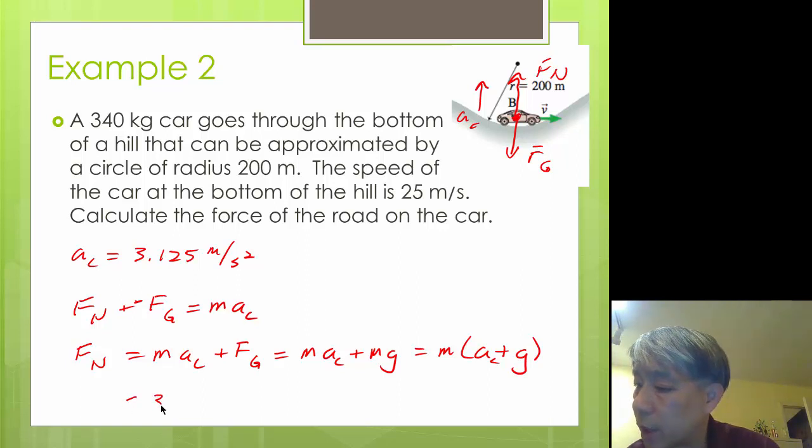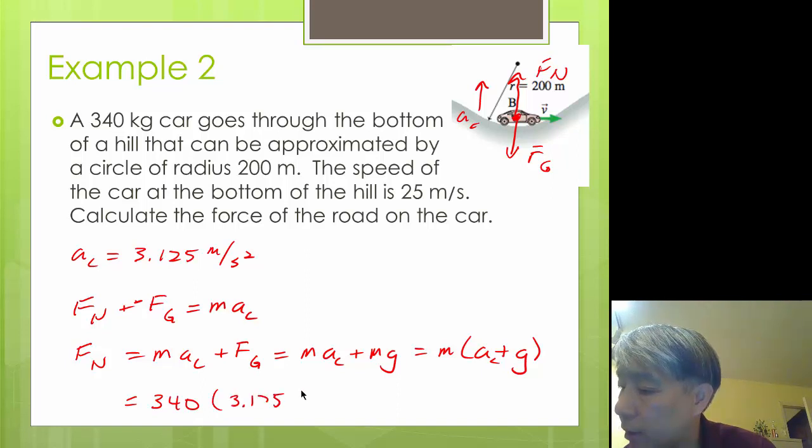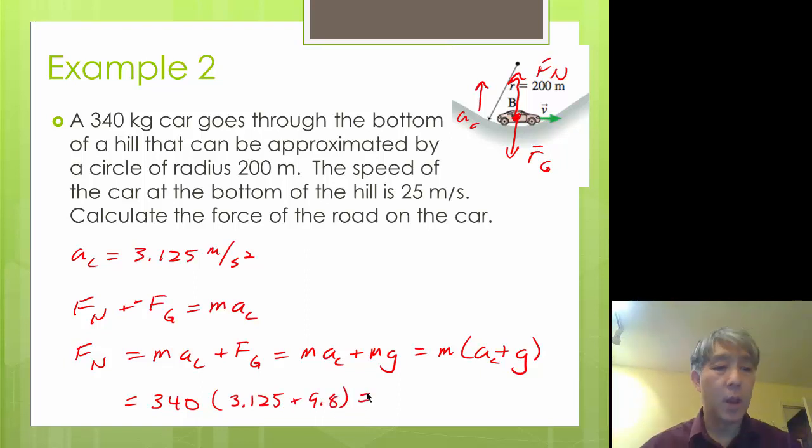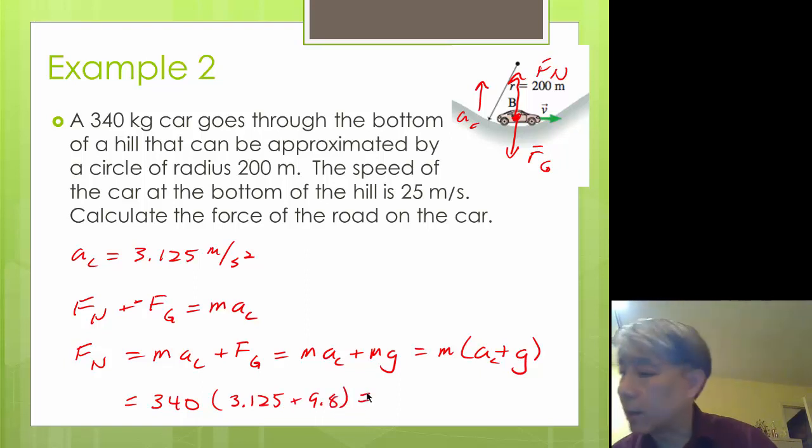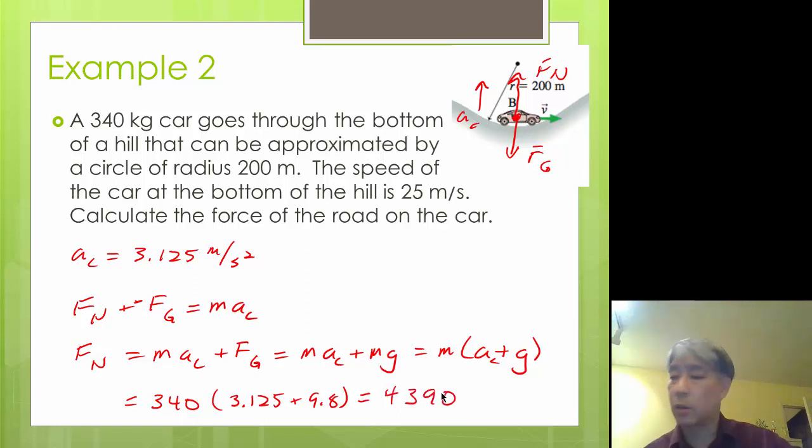Doing that calculation, I would basically end up with 340 for the mass times 3.125 plus 9.8. If I do that calculation, I find that my normal force is larger in this case, as expected, 4,390 newtons, roughly, if I take it to significant digits. So my normal force should be larger than my force of gravity, and it is.